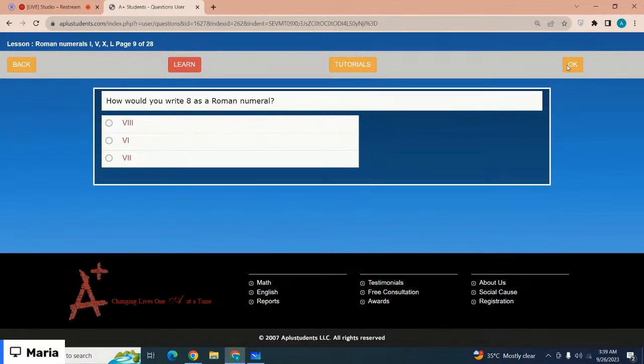Which is the correct option? Yes, that would be 7. VII is 7.